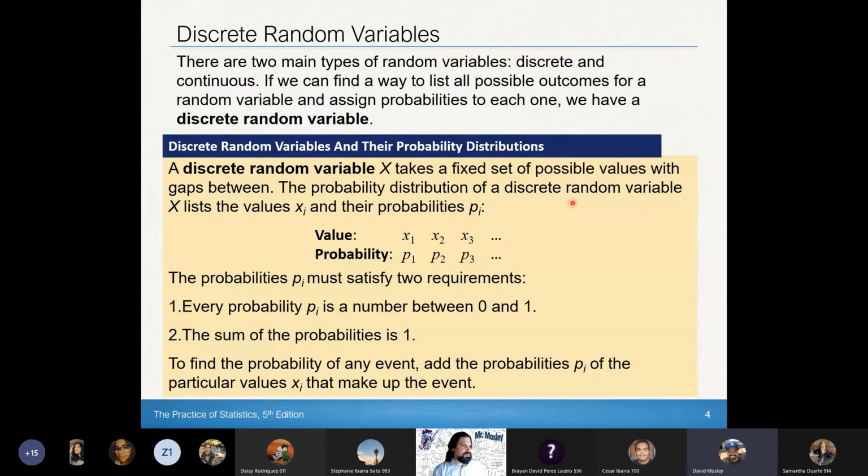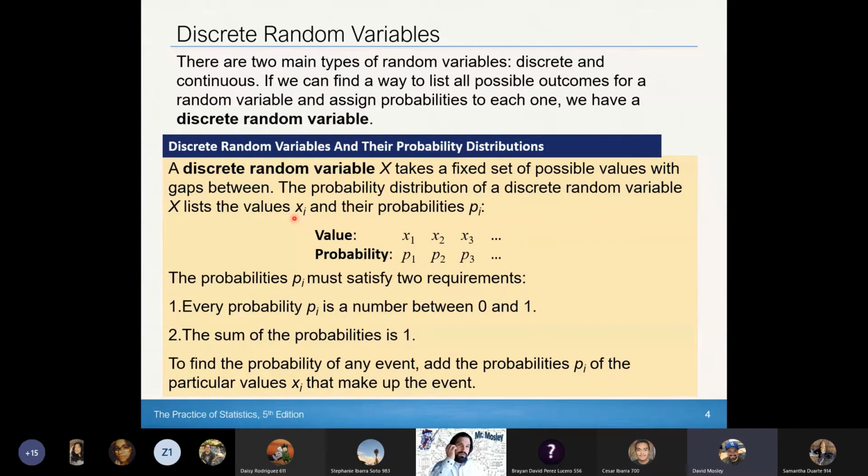The probability distribution of a discrete random variable X lists the values x sub i and their probabilities p sub i in a table like this. Value x sub 1, x sub 2, x sub 3, probability p sub 1, p sub 2, p sub 3. Now these subscripts, when we use i here, it's saying that this is the ith value in my number of outcomes.